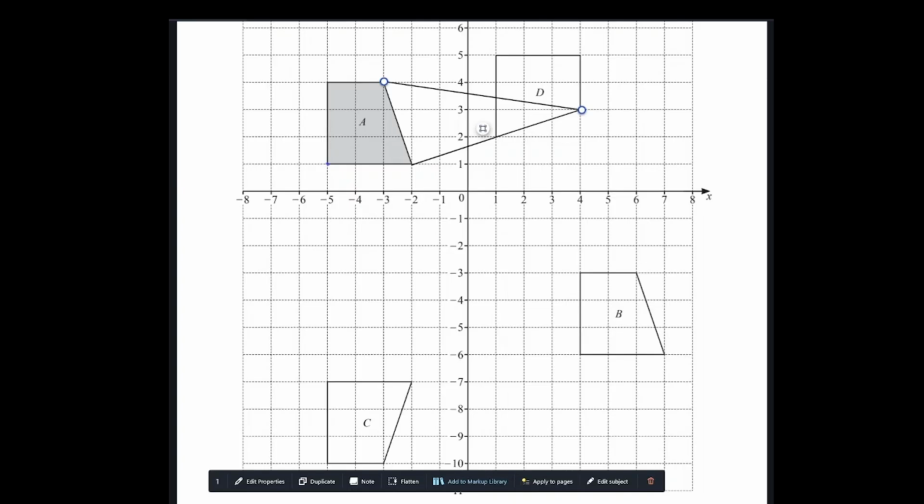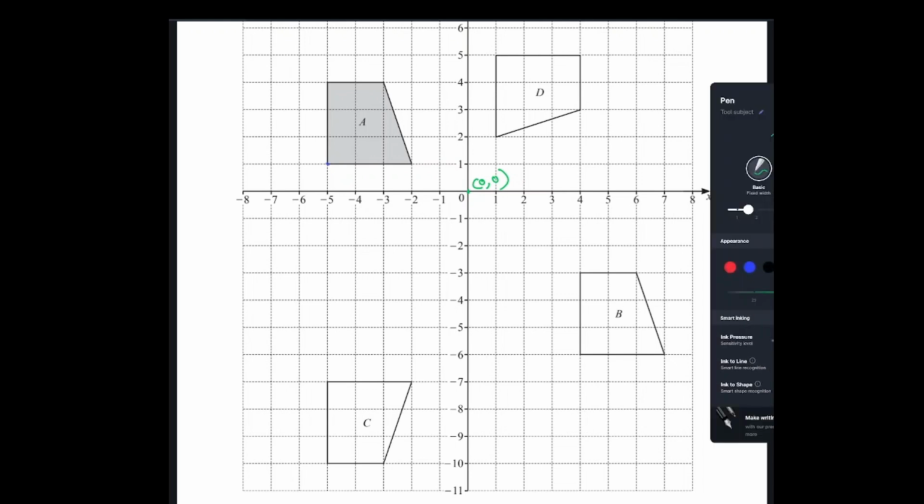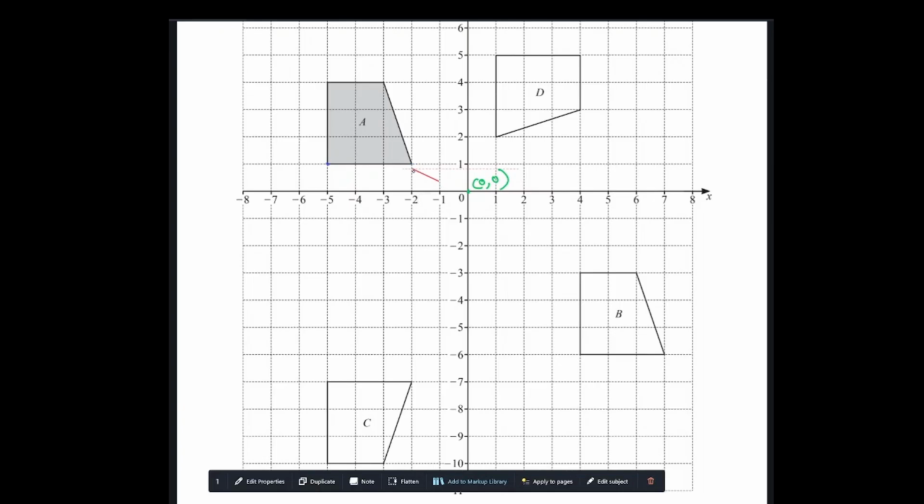So here the center is the origin 0 0. So the center of rotation is 0 0, and then you also need to find the angle. Now how to get the angle, I'll show you. After you get the center, join one of the vertices from the original shape to the center, like this.